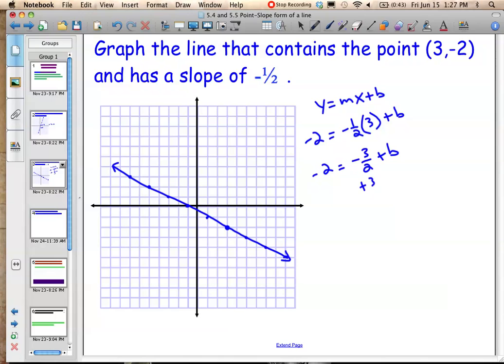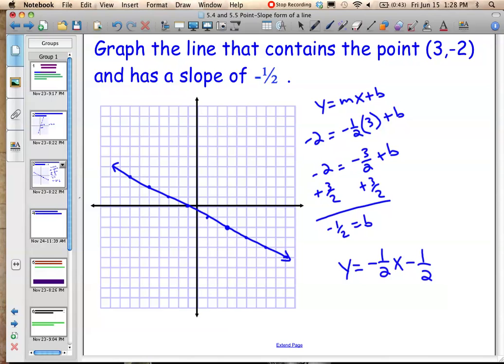And then if I add 3/2 to both sides, 2 is like 4/2, so -4/2 plus 3/2 is -1/2. Okay, it kind of looks like -1/2. That answer seems reasonable. So the equation then is going to be y = -1/2 x - 1/2.